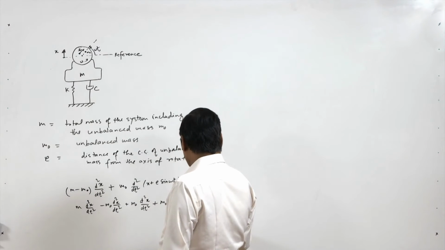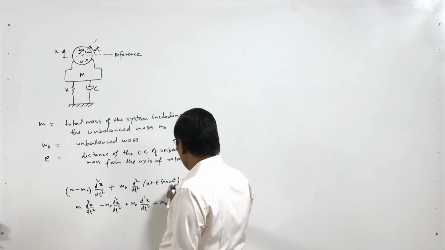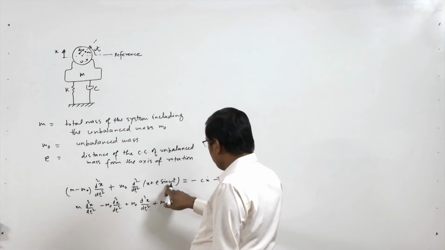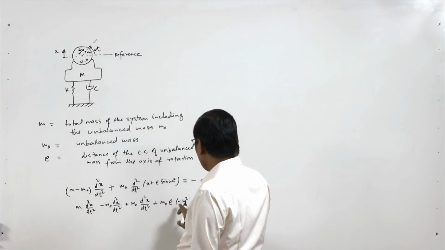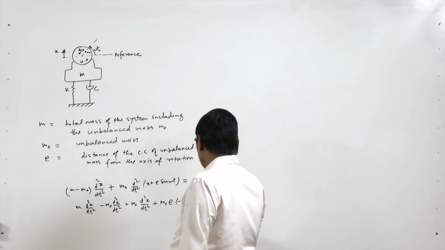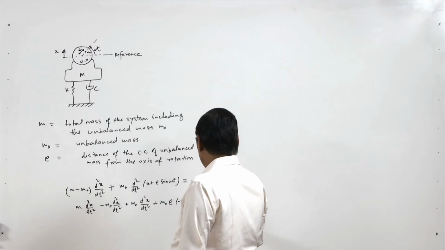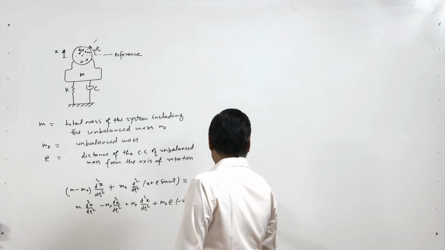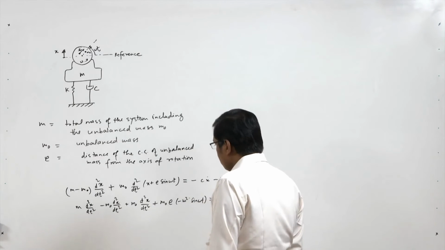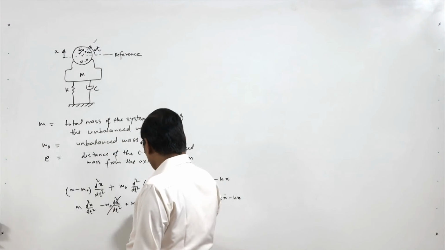If we differentiate twice, it is cos omega t, then again minus sin omega t, giving minus omega square sin omega t, equal to minus c x dot minus k x. So these will cancel out.